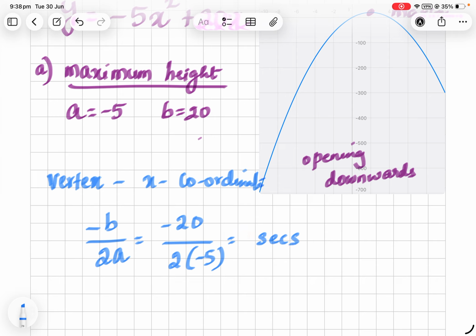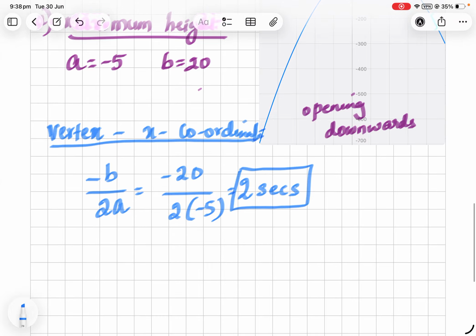So this is the x coordinate of the vertex. It's very important to know that. So I use the formula minus b by 2a. It took me 2 seconds to get to the maximum height, but I still didn't get my maximum height. Now you're going to take this value and substitute it into the equation.